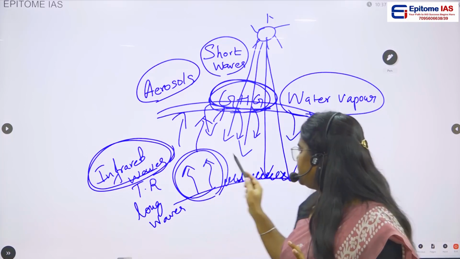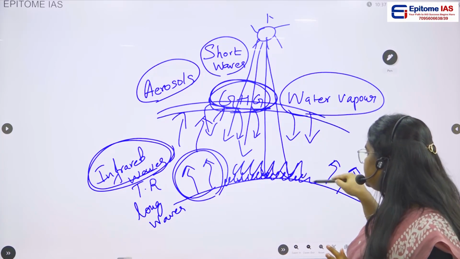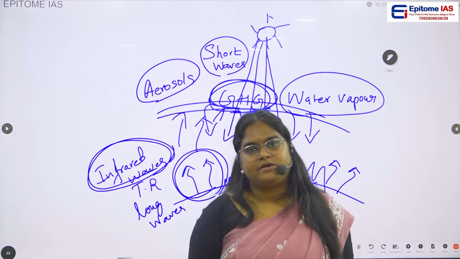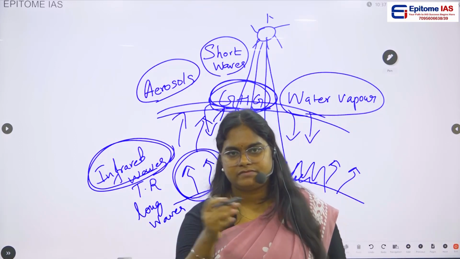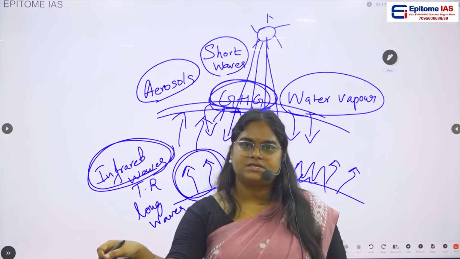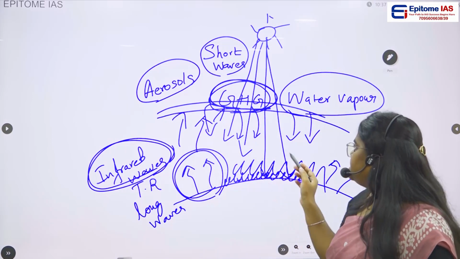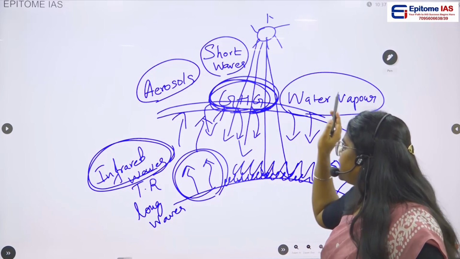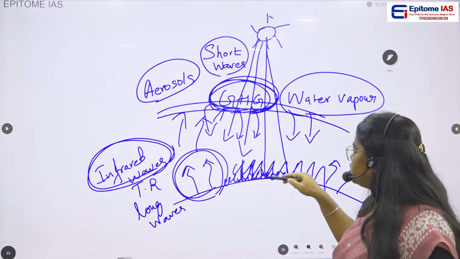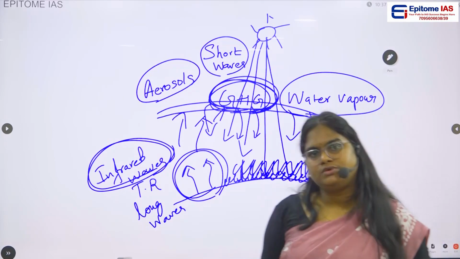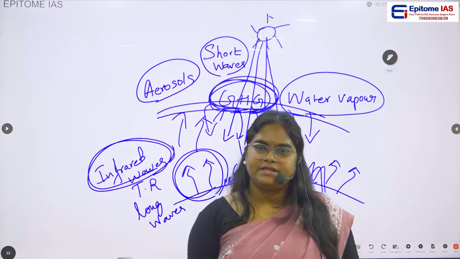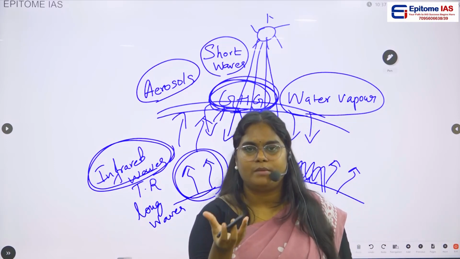That's why we saw that the earth's surface temperature increases because of the greenhouse gases. We saw this in the previous classes, so go and check that. So with the increase in greenhouse gases, the temperature of the earth also increases, and this will also cause global warming.